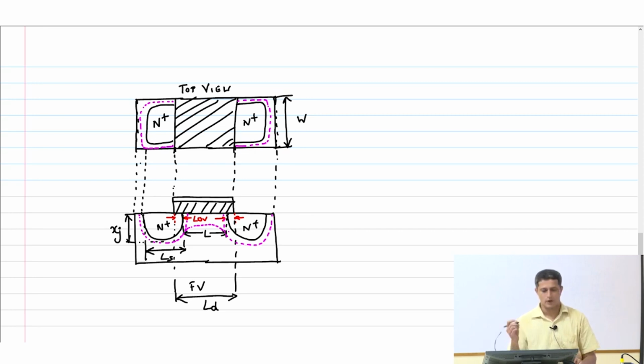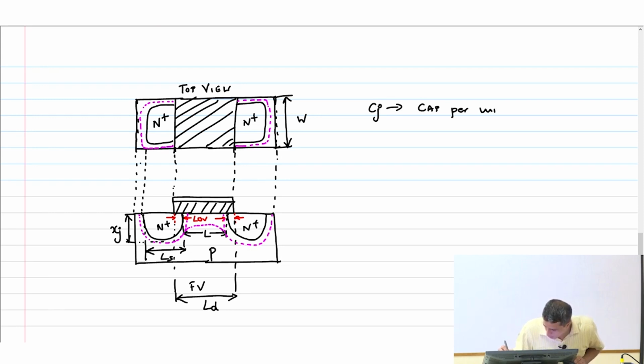Clear? Okay, so now this is a PN junction and between the N plus and the P, I have a capacitance per unit area called Cj.